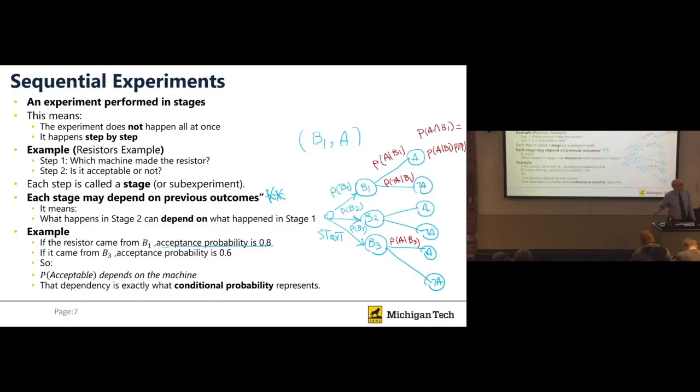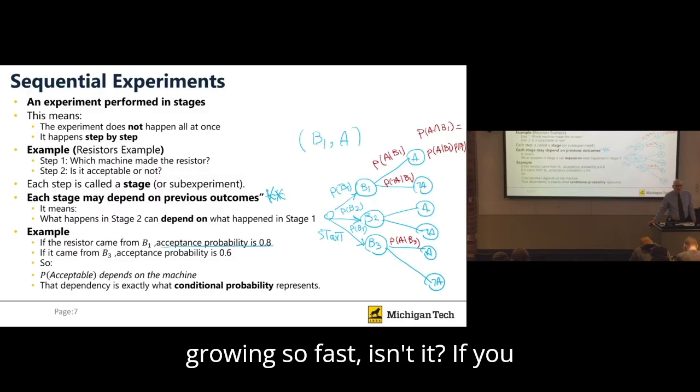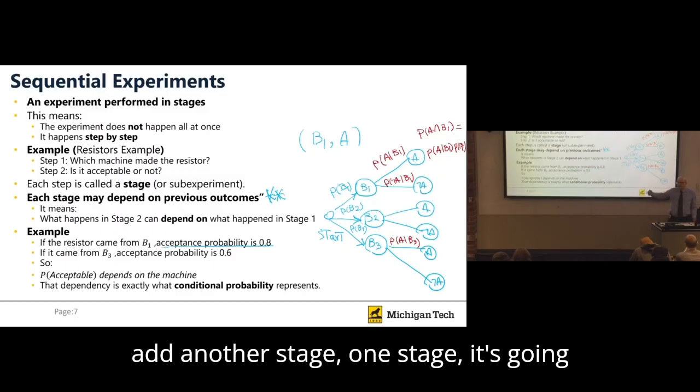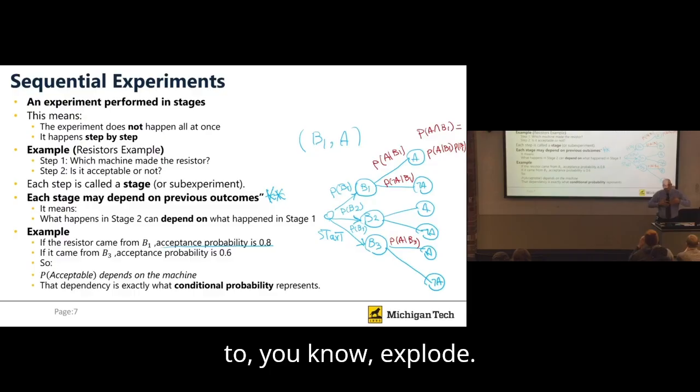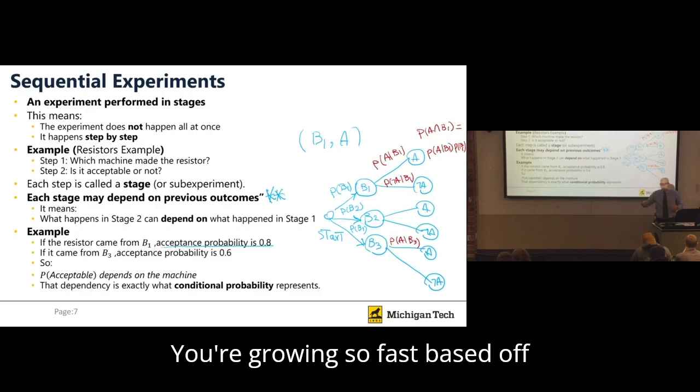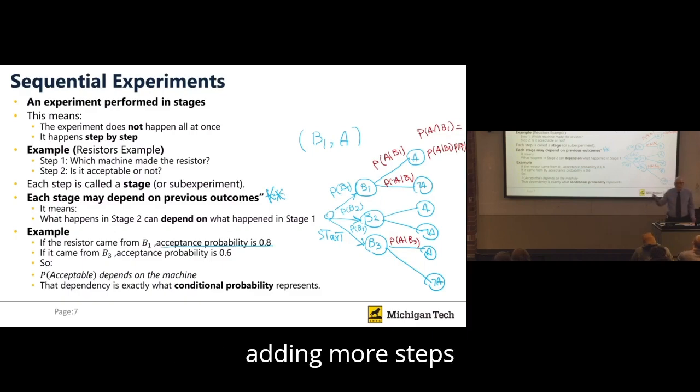But it has some problems. It's growing so fast, isn't it? If you add another stage, it's going to explode. It grows so fast as we add more steps or stages.